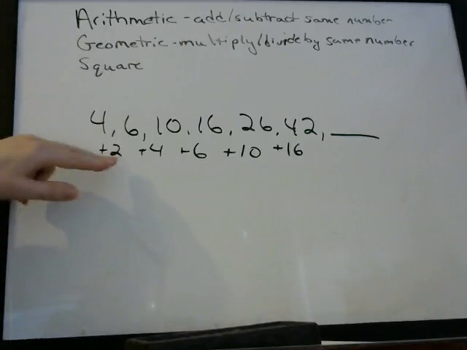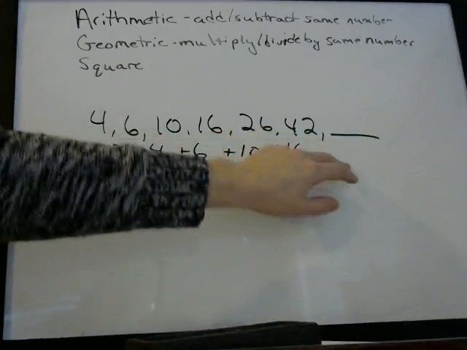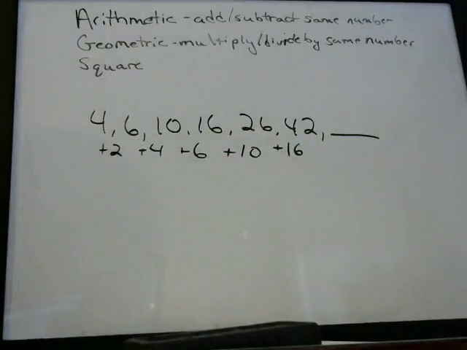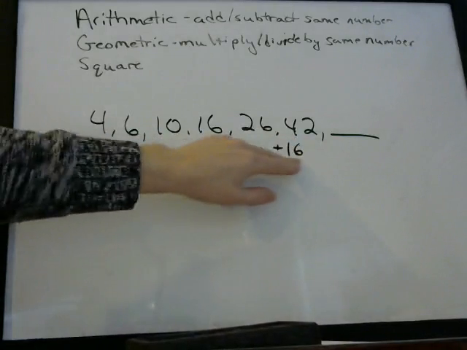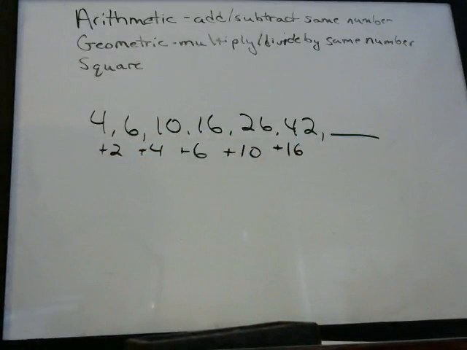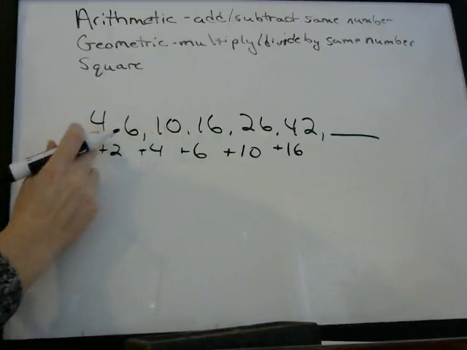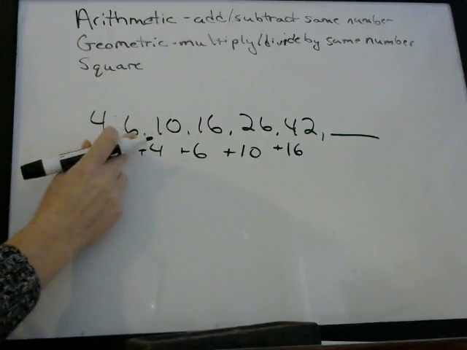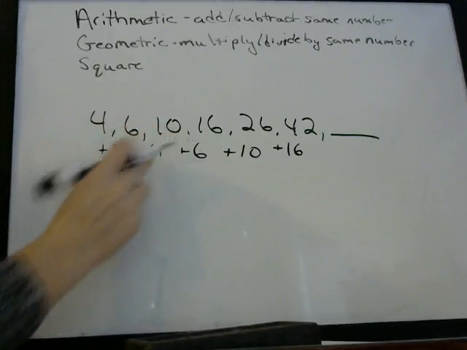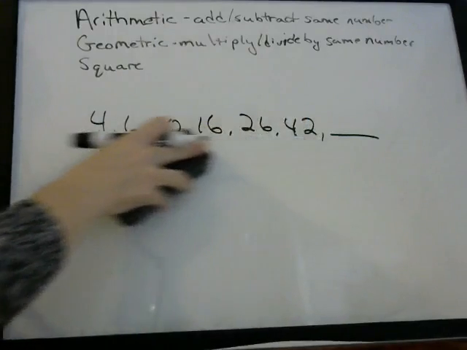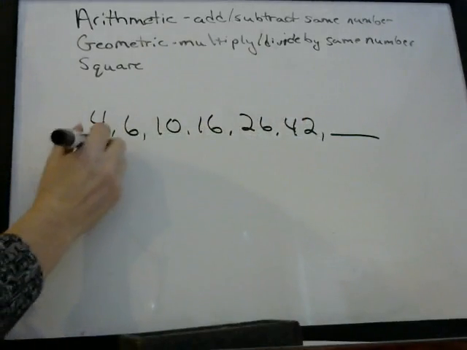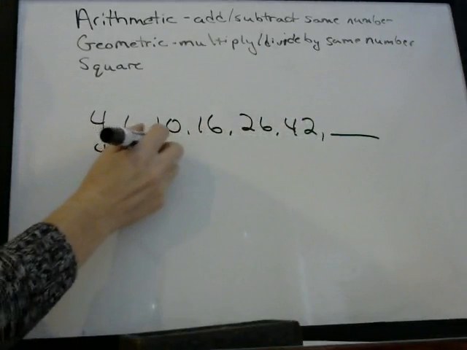We would like this to say 2, 4, 6, 8, 10, and then we would know the next one would be 12, but it starts out good, and then it kind of goes awry. So again, I hope you don't see this on the test, but I want to show you what they're doing here. They're taking two numbers, adding them together to get the third. They took 4 plus 6 and got 10.